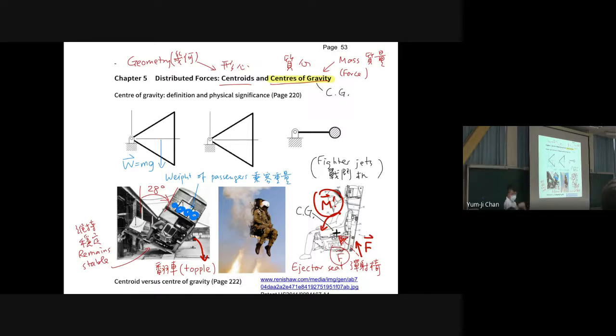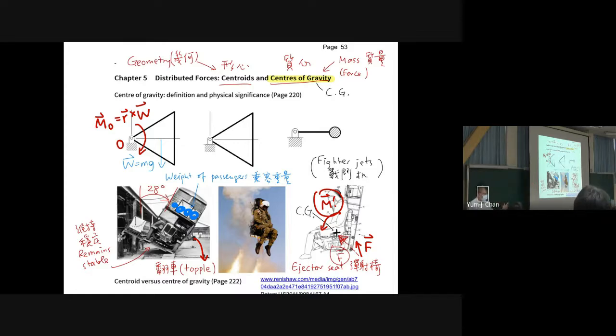Therefore we have M_O equals R cross W, about this point O. I hope we all agree it will drop like this if we have one pin here.